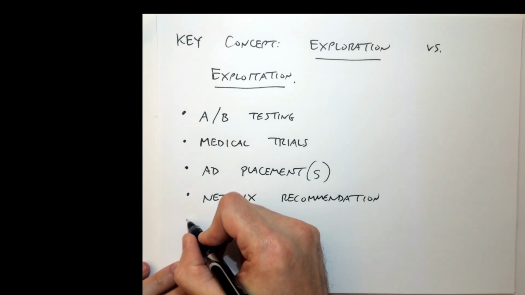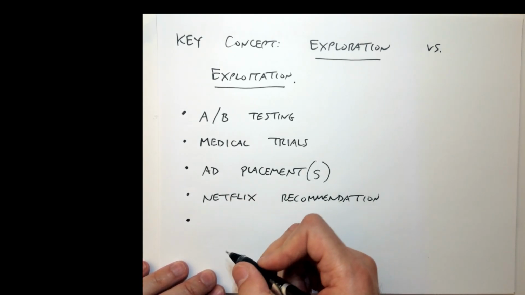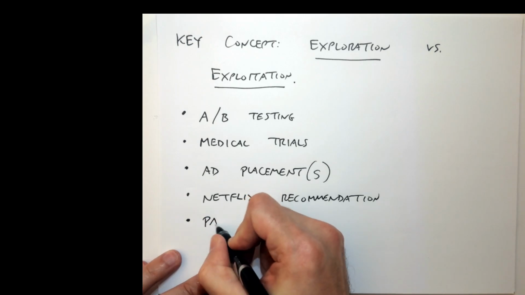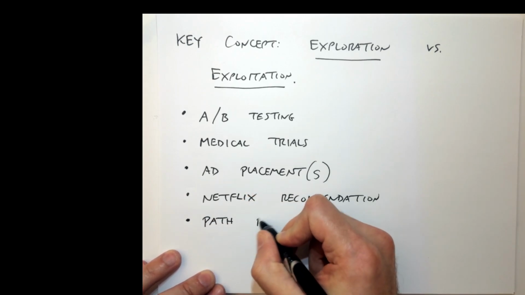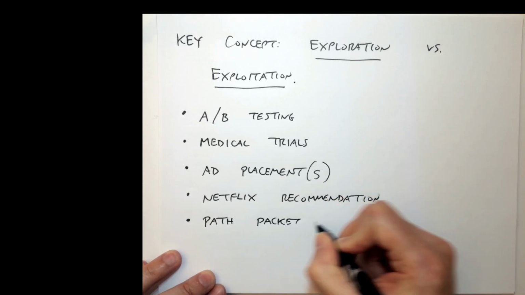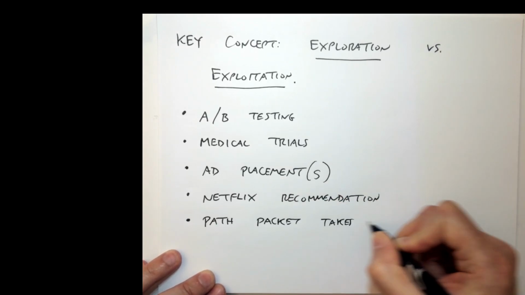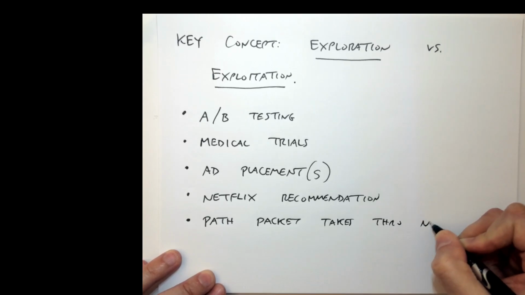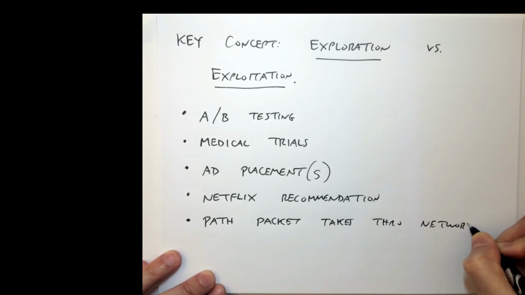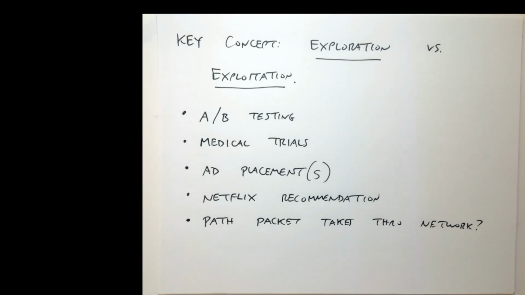From a more engineering perspective, it's like, what path should a packet take through a network? So for example, to send packets from Albany to San Francisco, there are many possible paths that those packets may take. And so I want to find the best one, right?